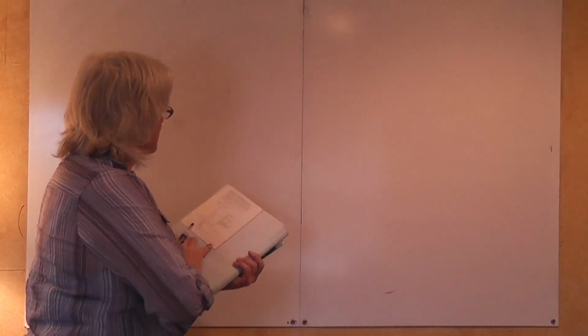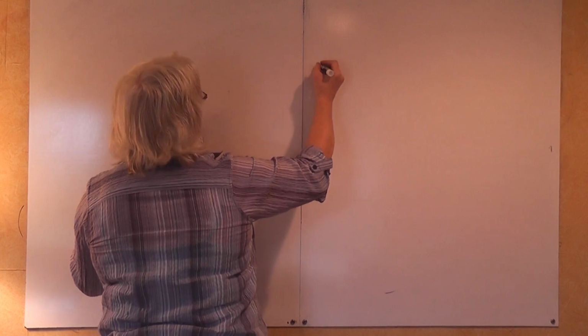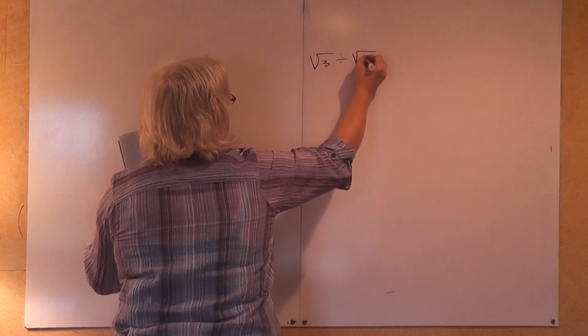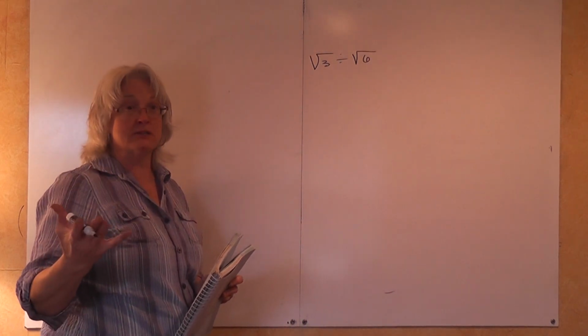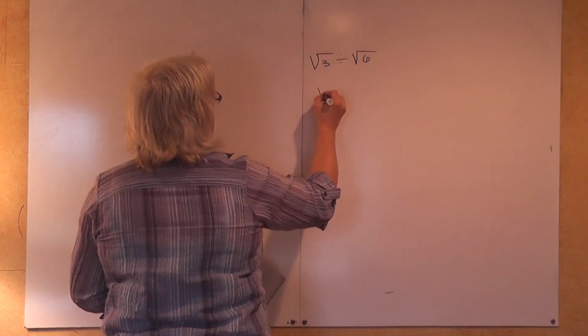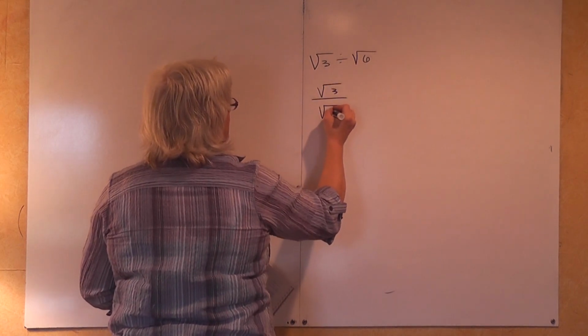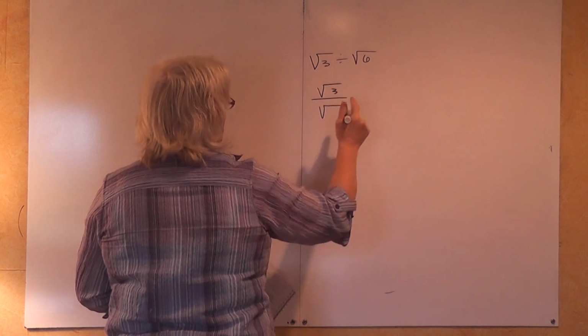I'll just go ahead and step through these examples. Let's say that we want to do this problem, square root of 3 divided by the square root of 6. Well, that's meaningless. First thing we want to do is write this in fractional form, if you will.